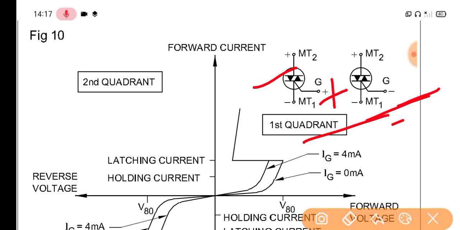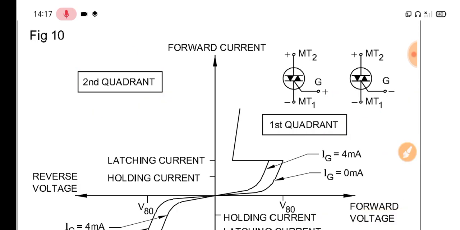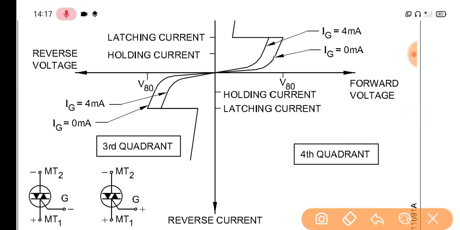Second quadrant, reverse voltage, latching current and holding current. In this first quadrant, gate current 4 milliampere and gate current 0 milliampere. And third quadrant, gate current 0 milliampere and gate current 4 milliampere.